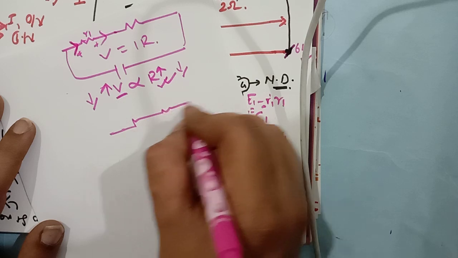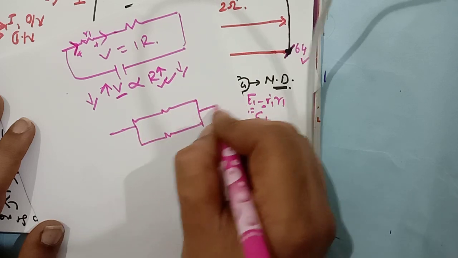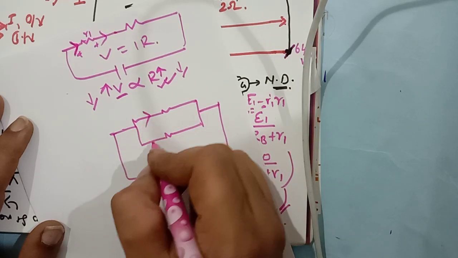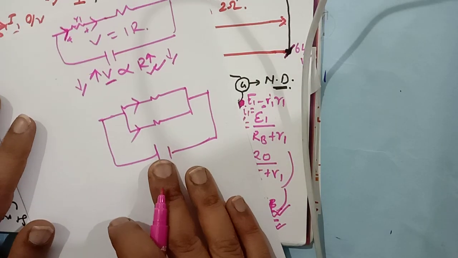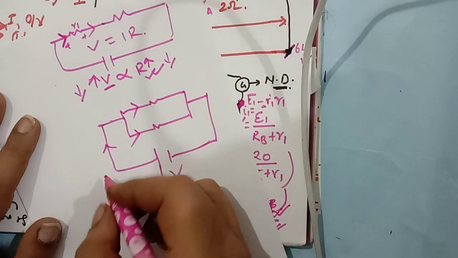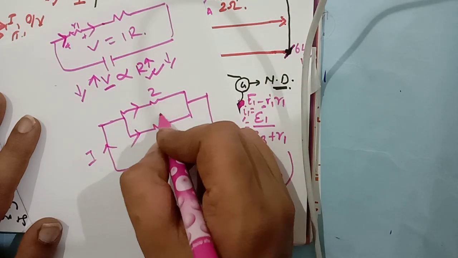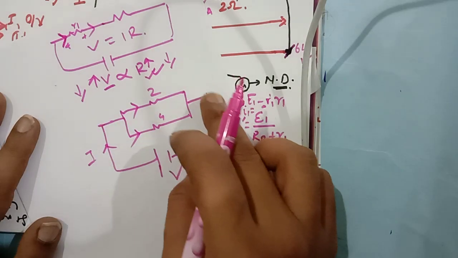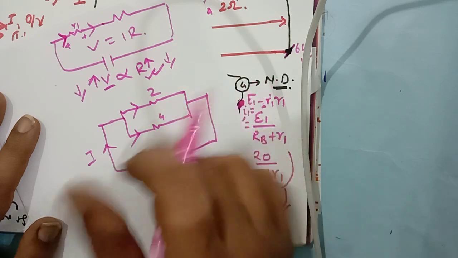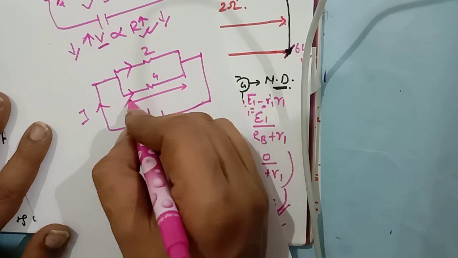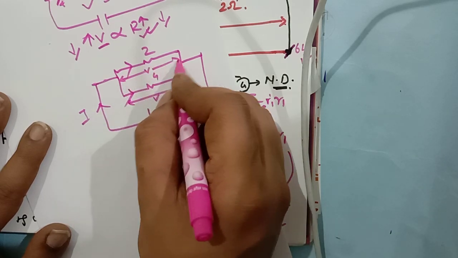Look, suppose there are two parallel resistances connected to a voltage V. I have made you explain the opposite ratios also. It may happen sometimes that you get confused about how voltage gets divided and how current gets divided. Suppose V is known, I is known, and it is 2 volts, it is 4 volts. Now since these are two parallel circuits and there is no resistance other than these two resistances, we can say that V across this is also V, the voltage drop across this is also V, right?